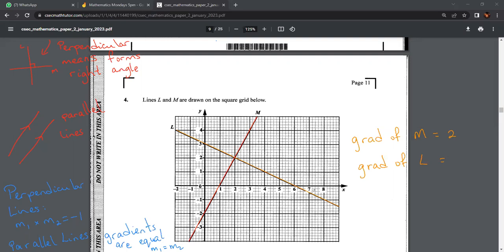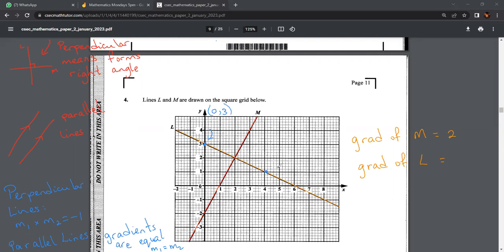Now this is line L here, right? So you're going to do the same thing. You're going to get 2 points on the line that are easy to read, any 2 points. So is it okay if I take this one and this one? For this one, my value of X is 0 and my value of Y is 3.